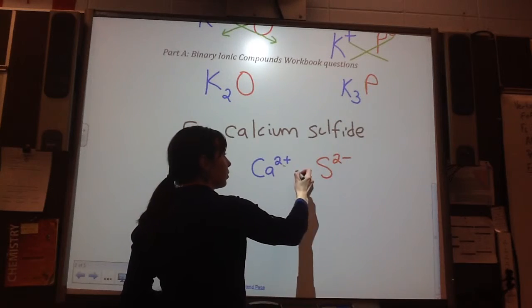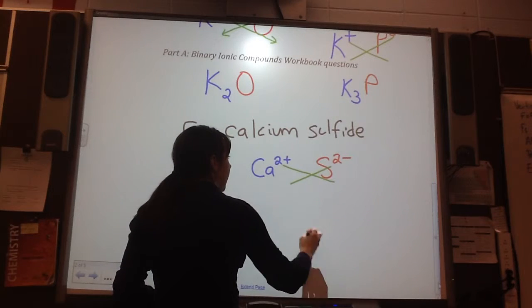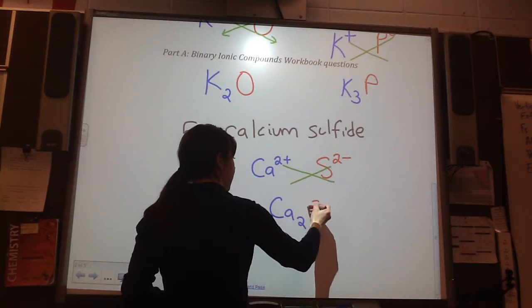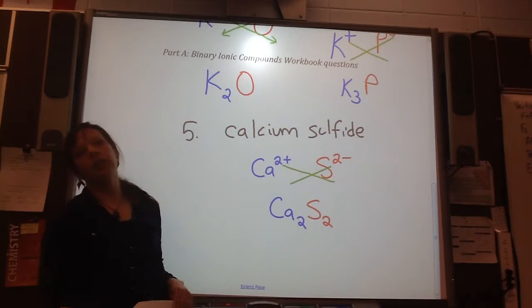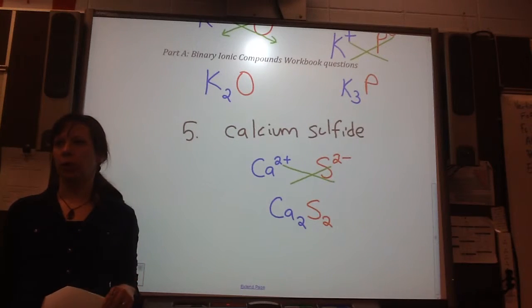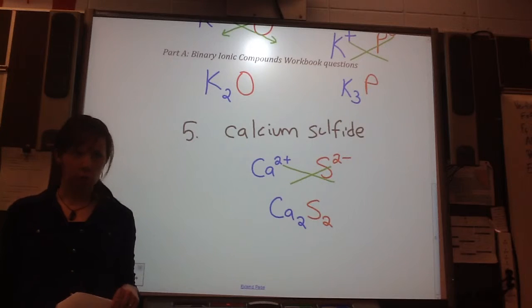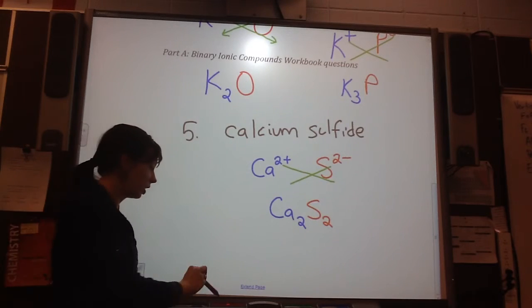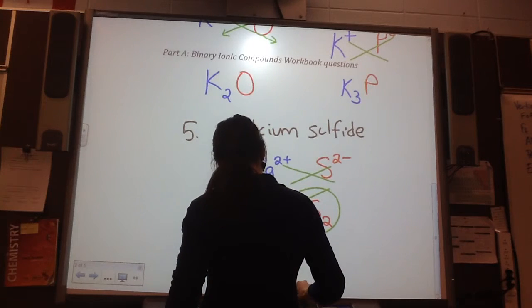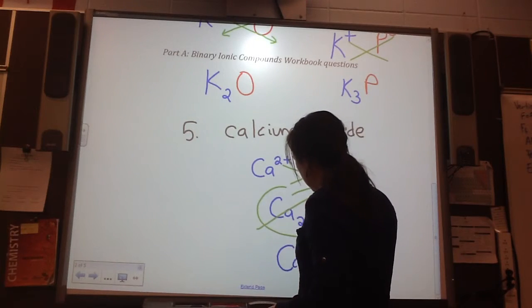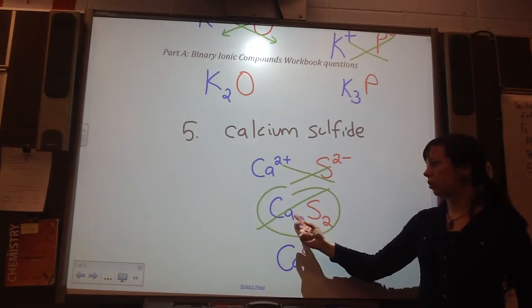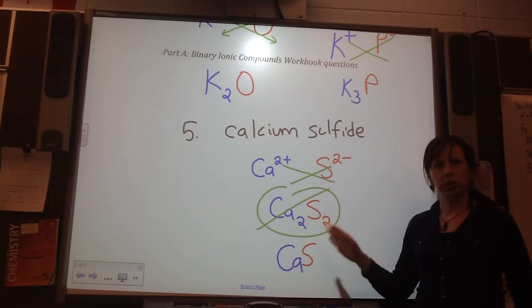We still do a criss-cross, so I end up with Ca2S2. Is that the lowest, the simplest whole number ratio? No. So what does it need to be instead? So this is wrong. So it needs to be just CaS. Because the simplest whole number ratio, you just divide each of these by 2.